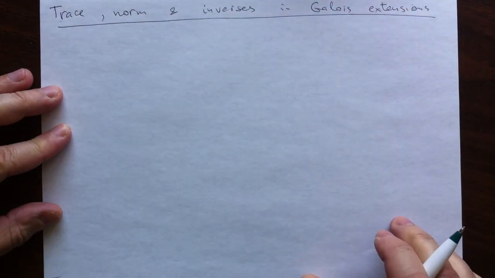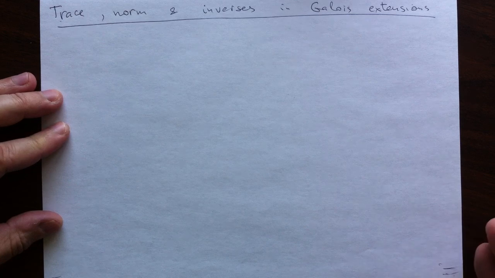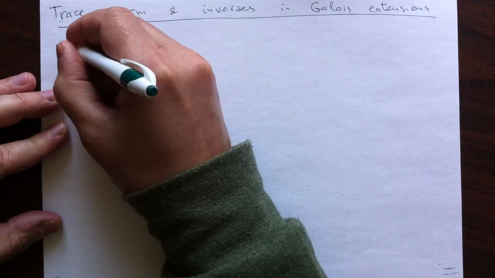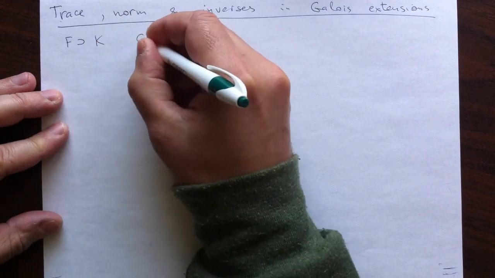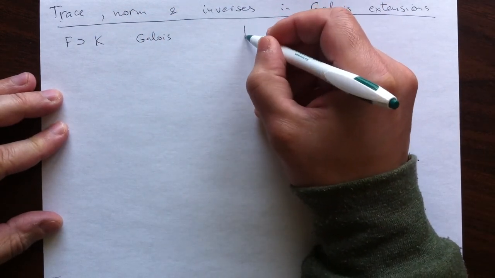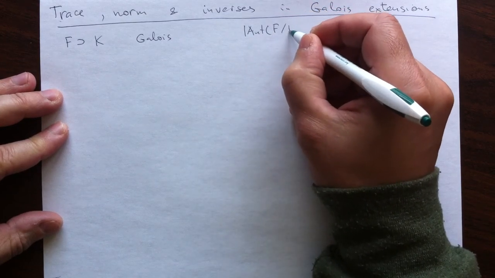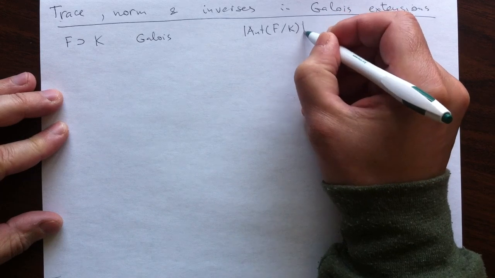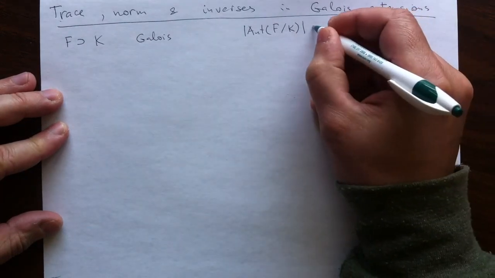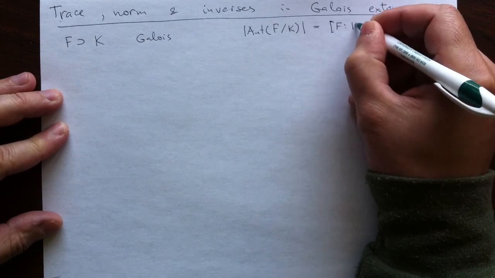Just to informally recall what is Galois, it's an extension of fields which is as symmetric as possible. Namely, the size of the symmetry group, the automorphism group of this larger field over the smaller, is equal to the maximal possible value, the degree of the extension.